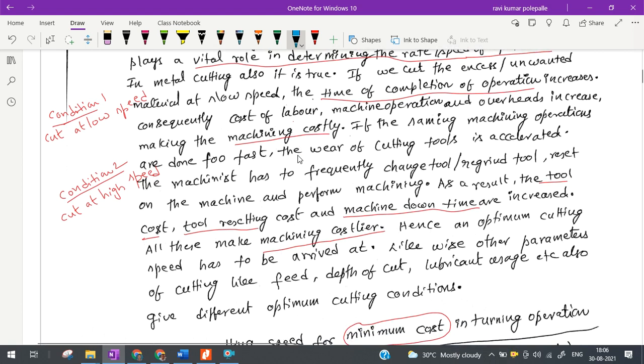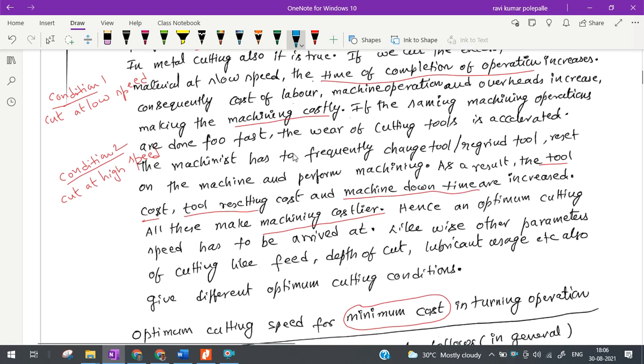If the same machining is done too fast, wear of the cutting tools is excessive. So the machinist has to frequently change the cutting tool, regrind it, reset on the machine, and then start machining again.